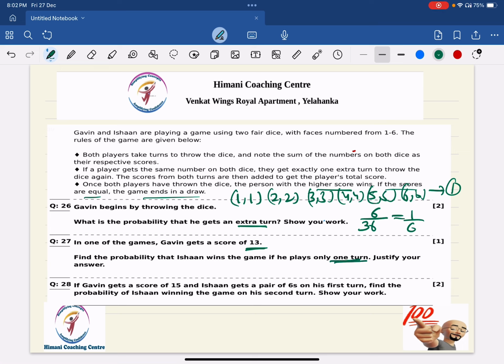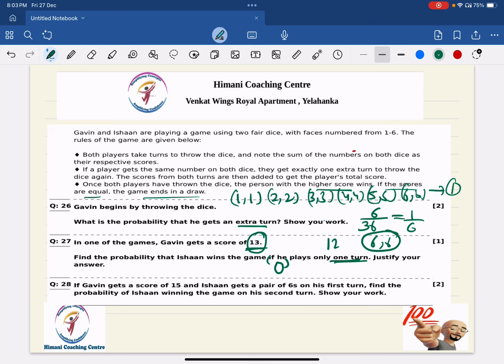Students understand, in a throw of two dice, the maximum score is 12, isn't it? 6 and 6. All other numbers would be less than 12. So for Ishan, who plays only one turn, to get a score more than 13, the probability is going to be 0.